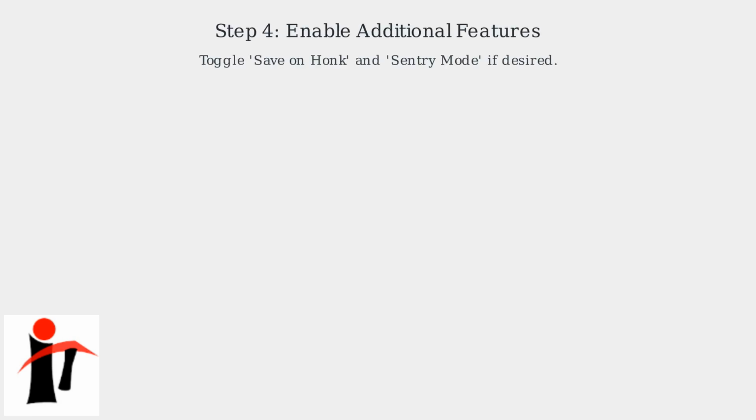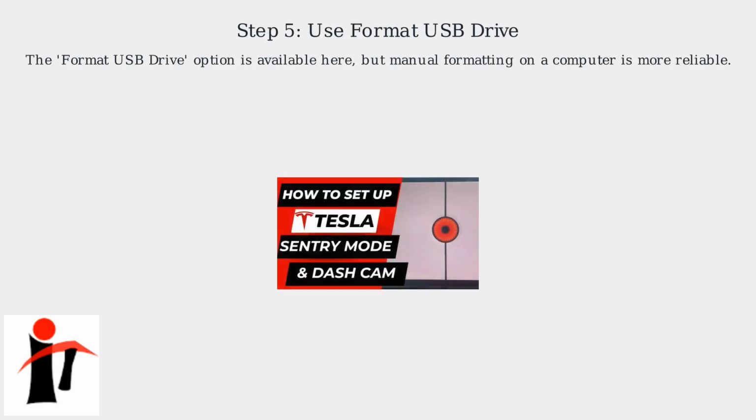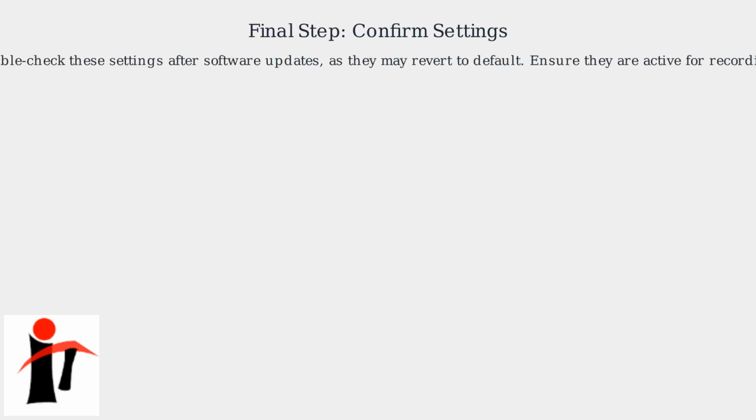You can also enable Save on Honk to record footage when you honk the horn, and Sentry Mode for parking surveillance. The Format USB drive option can be used in this menu, though formatting manually on a computer often provides better reliability. Finally, always double-check these dashcam settings after software updates, as they can sometimes revert to default values. Confirm everything is active to ensure proper recording.